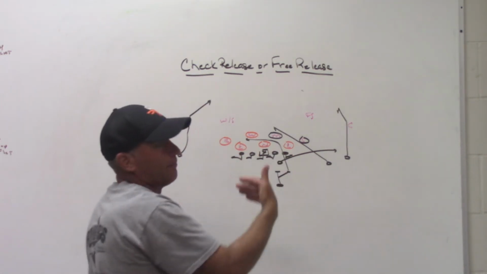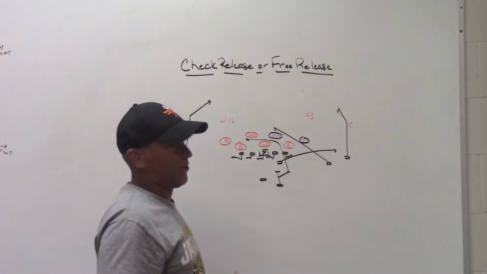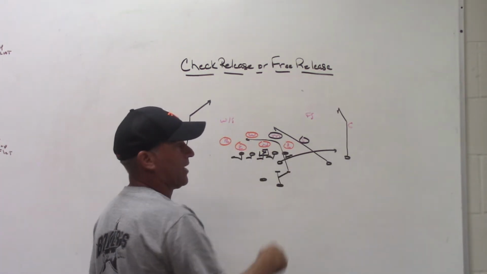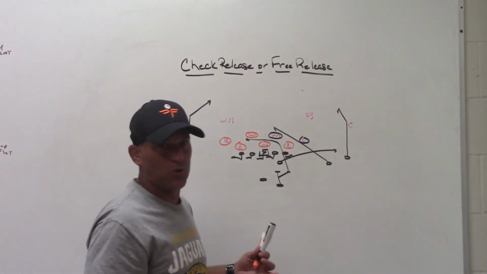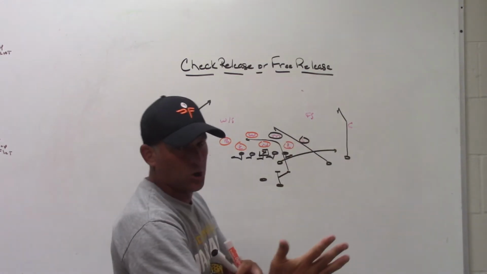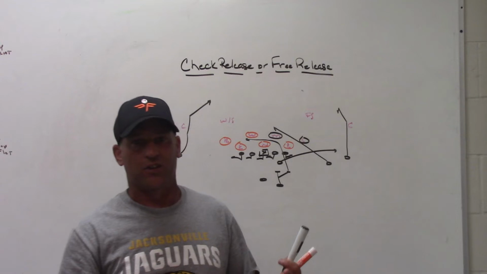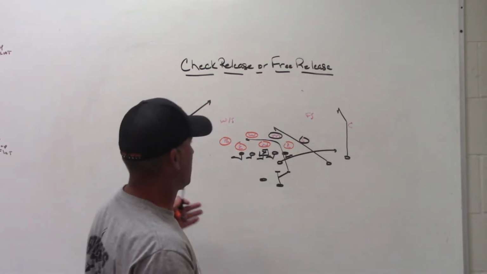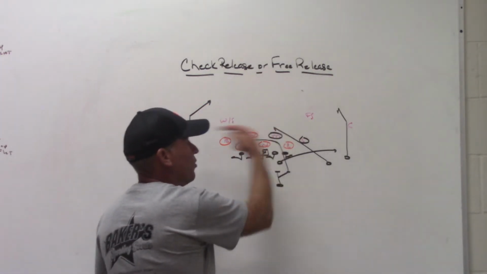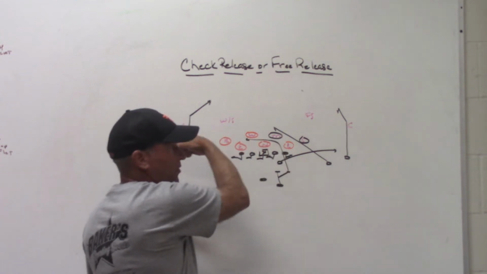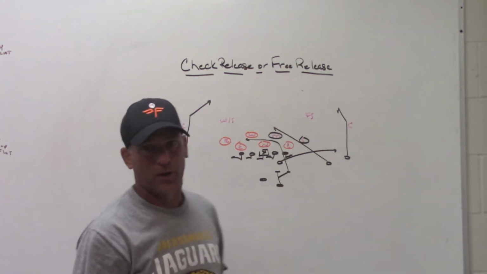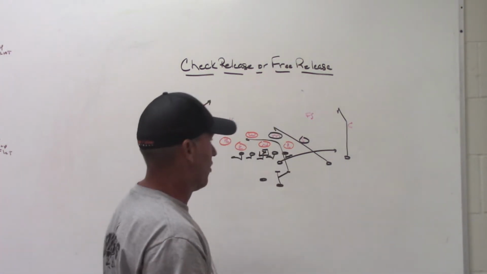If you don't want to consider it an angle route because it's not outside to back in, whatever choice route you want to consider away from the curl spot side, whatever you want to consider that route, that's semantics of what you call the route. I've got them in a check release route that releases through and across the formation to the opposite flat of the curl flat play.